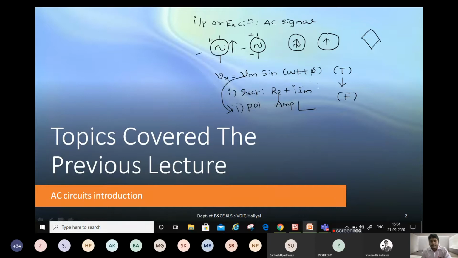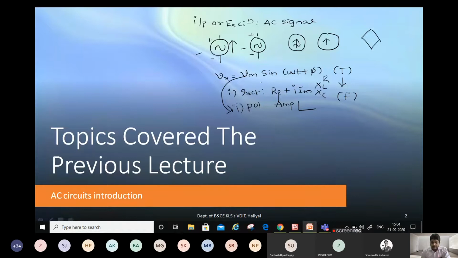For impedance, like reactance XL or XC, or even the impedance, they can be mentioned using this convention. No problem, you can use both anyway.